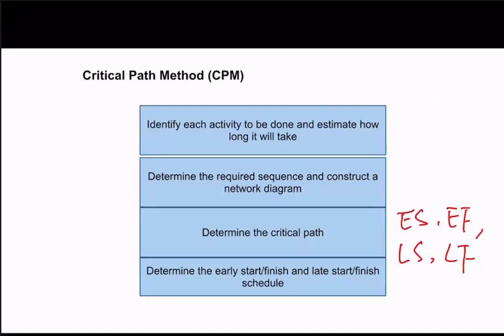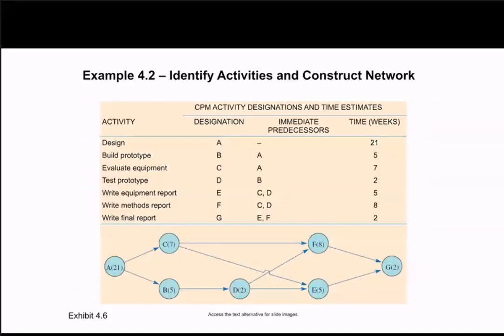We need to estimate how long each activity takes. For design, it may take 21 weeks, and for build a prototype, it takes 5 weeks, and so on. So except for the estimated time, we also know the sequence information because we know the immediate predecessors.